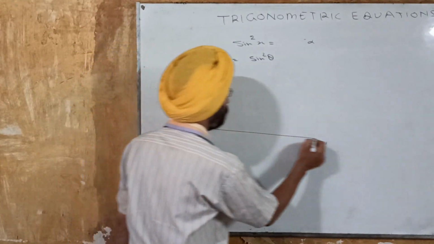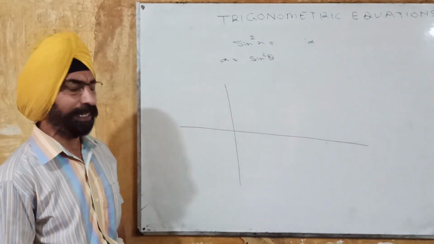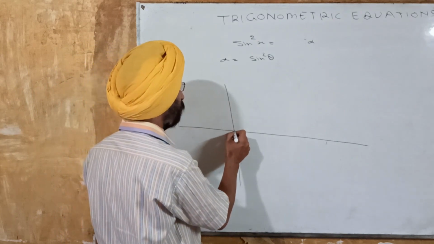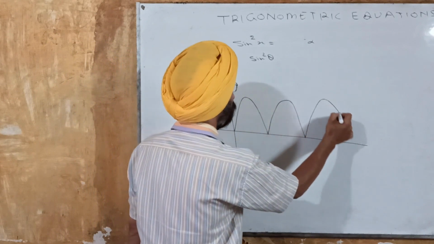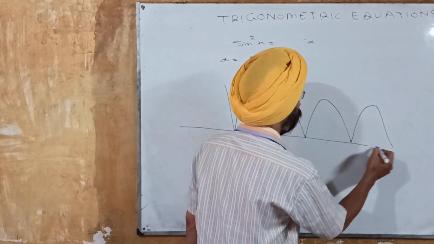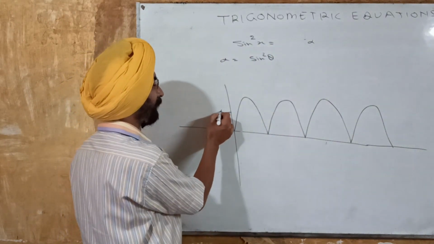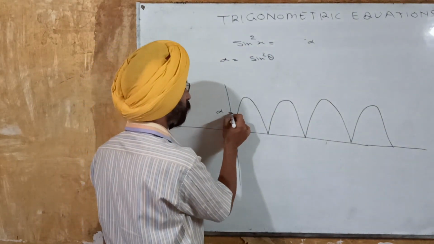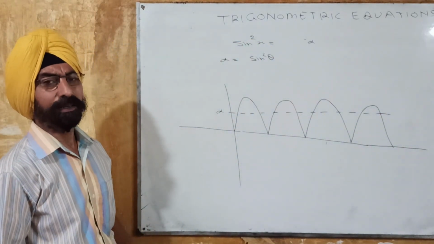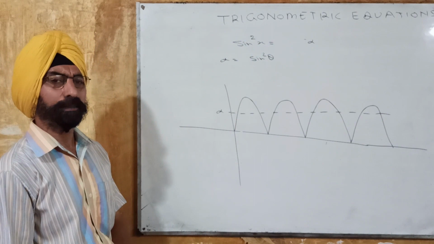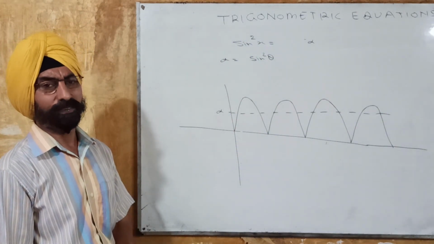When you draw the graph of sin square x, the values will become just like this. You are getting all values positive, the negative values will be cancelled out, and once you are getting alpha here, then you are getting values after regular intervals: alpha, pi plus alpha, 2 pi plus alpha, 3 pi plus alpha and so on. So in general you will get the value n pi plus minus alpha.